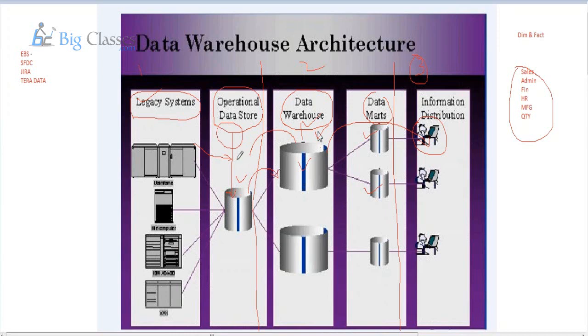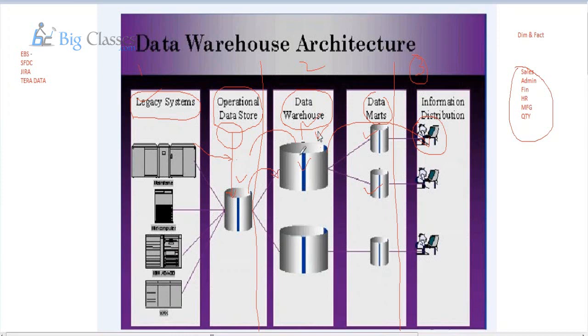Every day, depending on client requirements, most probably at the end of the day, we load the data from the operational data source to the warehouse. So a single day's transactions are stored in the warehouse.